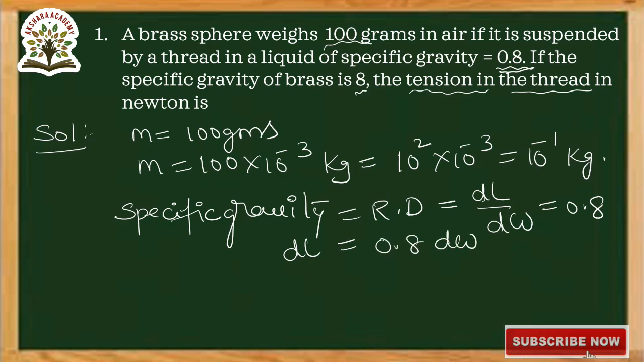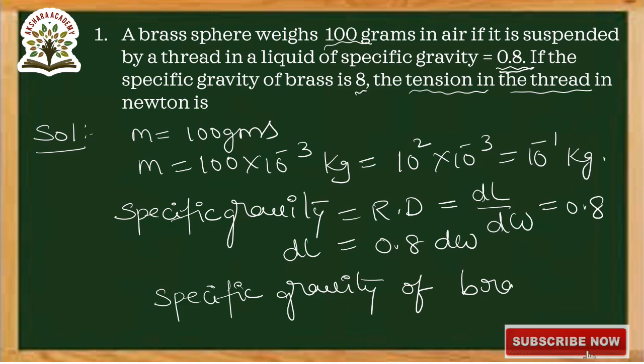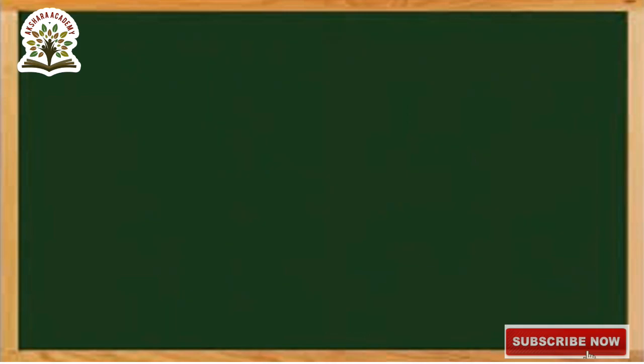Next, the specific gravity of brass is 8, and this can be written as ds by dw equals 8. From this we write ds equals 8 into dw. Now we are finding the tension in the thread.